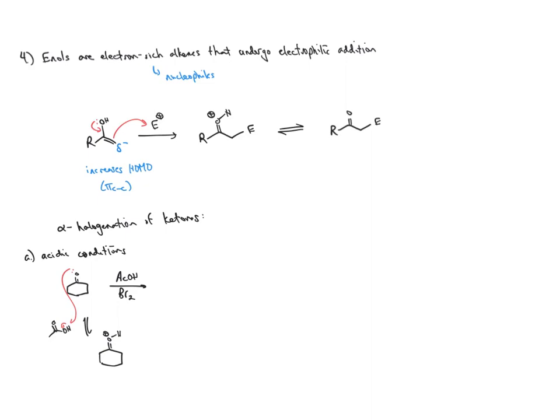So the pKa here is about 20. The pKa here is about -7. So very, very acidic. And so that means we can deprotonate, right, with the acetate anion to give us an enol.